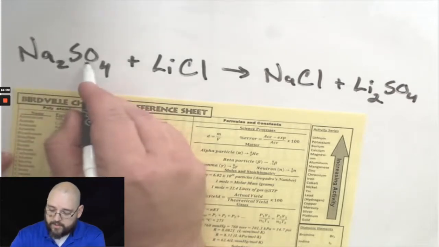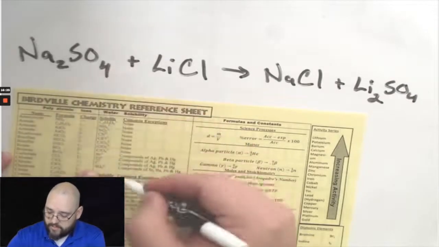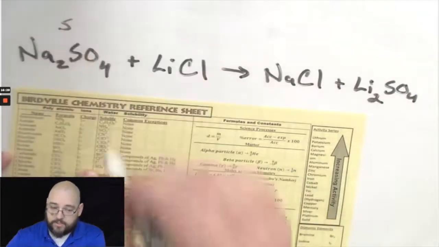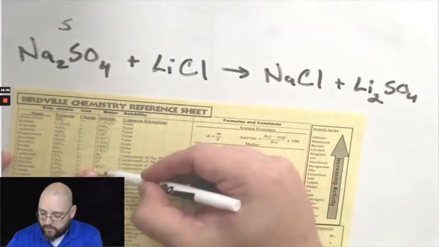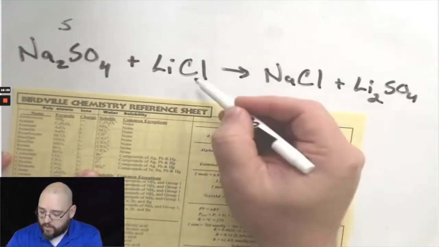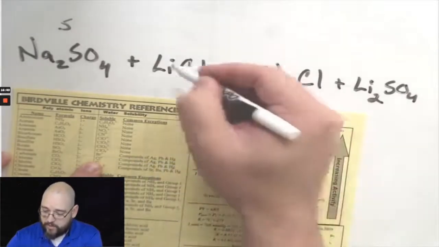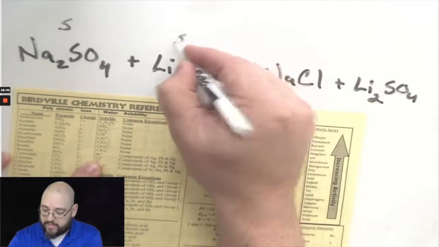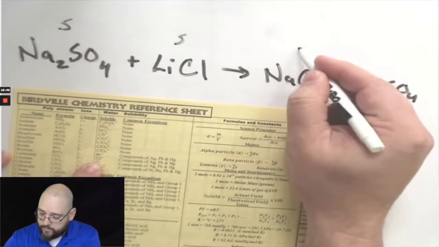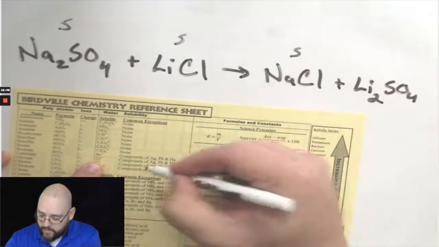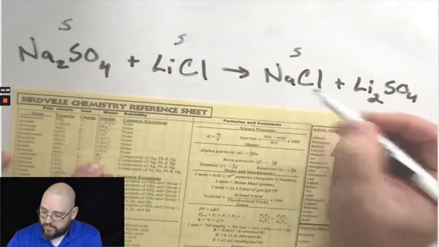Well, sulfate combined with sodium, that's not one of the exceptions, so it is soluble, okay? Because it's soluble except when it's with these. Chlorine, all right? Chlorine is soluble except when it's combined with those. Well, lithium's not one of those, so that is soluble.